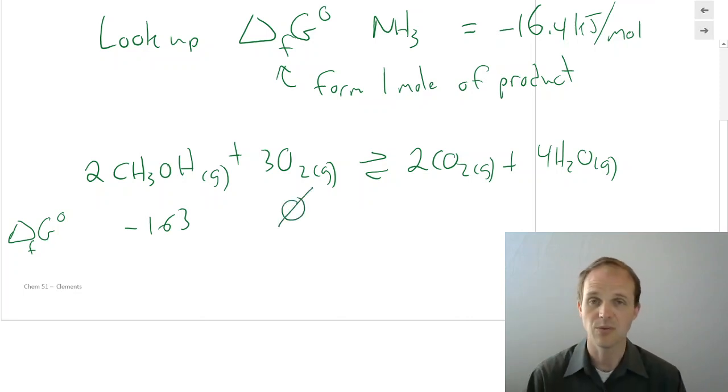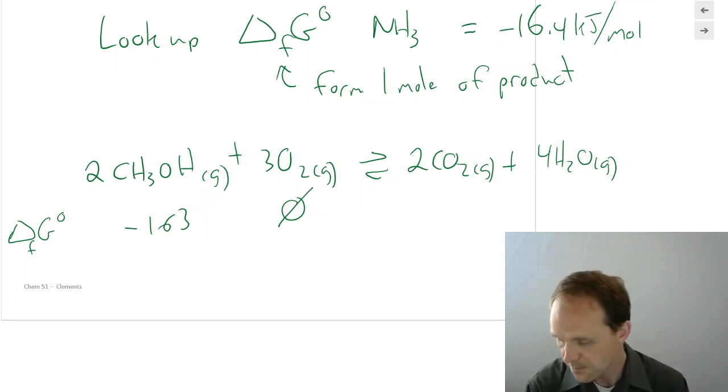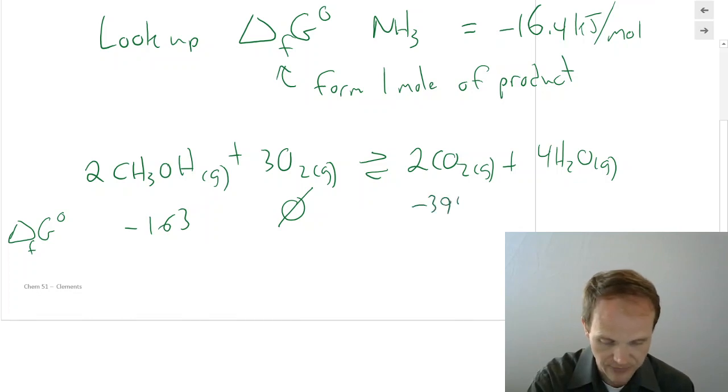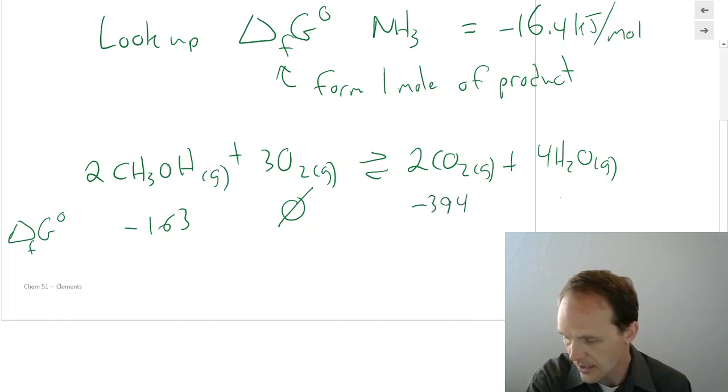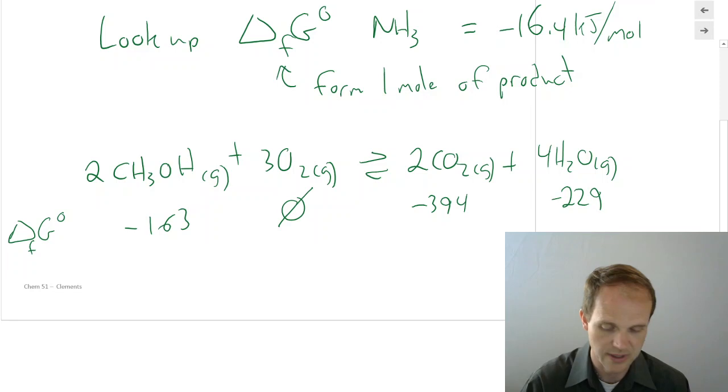O2 is 0. Why? Because we're talking about formation energies, and for elements, it's going to be 0. And our CO2 is minus 394, and our H2O is minus 229.